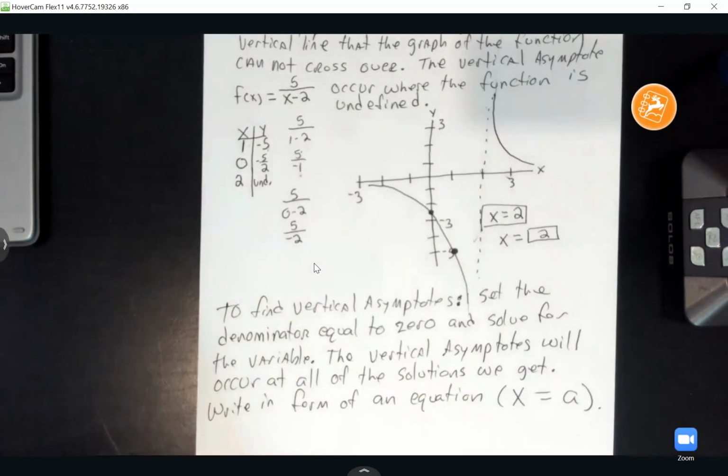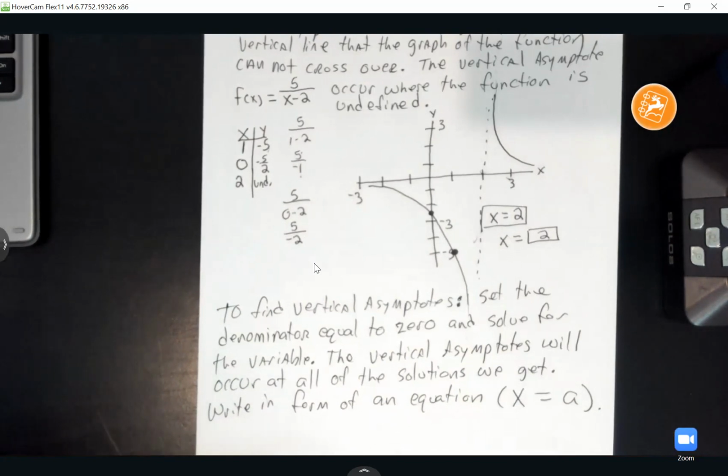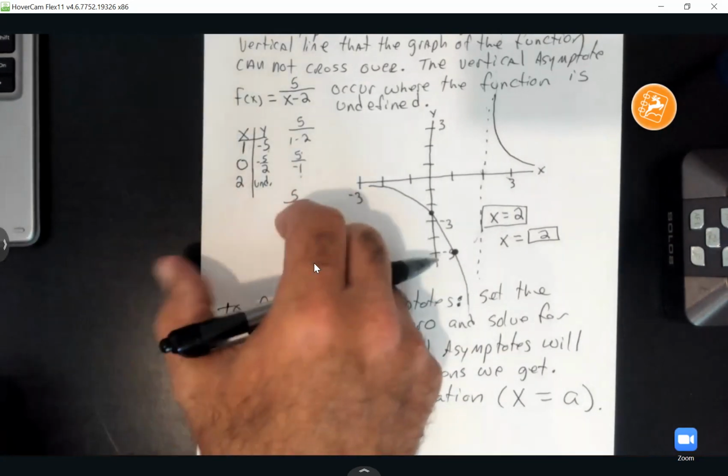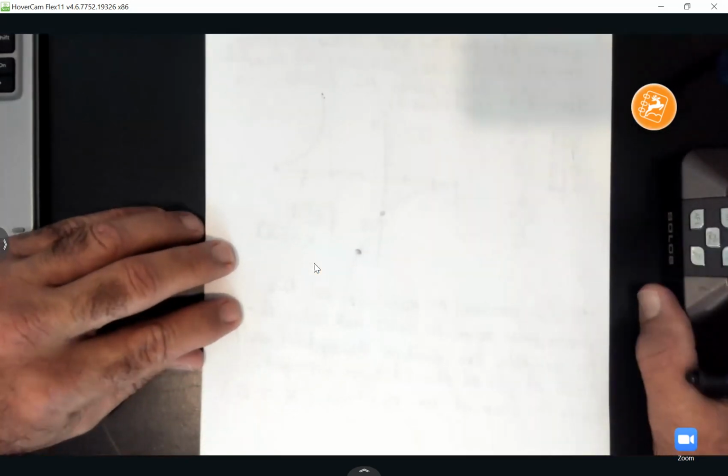So to find vertical asymptotes, I'm going to do the same thing I did when I was finding my domains. I'm going to take the bottom, set it equal to 0, and see what we get.